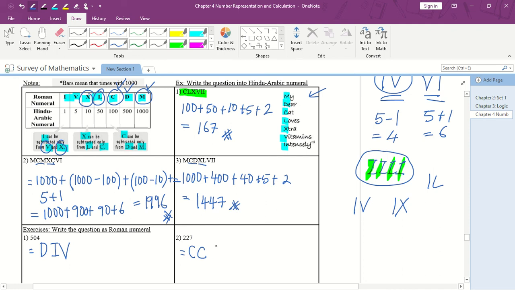We can write here X, X. That's 220. How about 7? For 7 we can write 5 and 1, 1, right? So we got 5 plus 2. So it will be V, I, I. So the answer for 227 will be CCXXVII. And that's it.